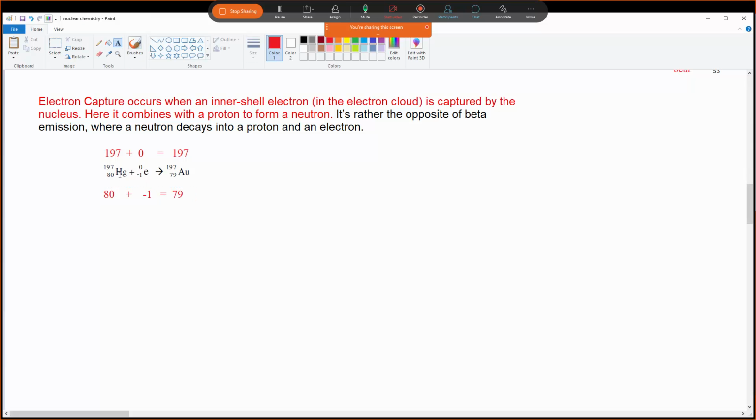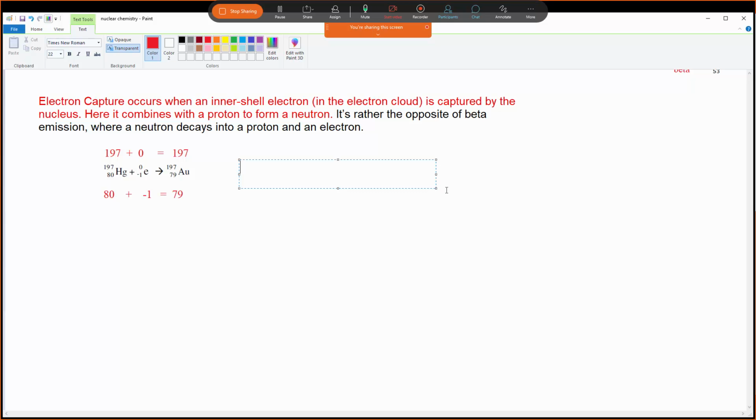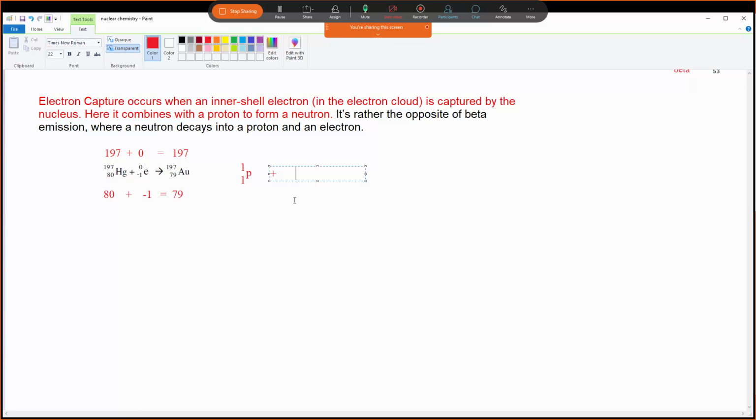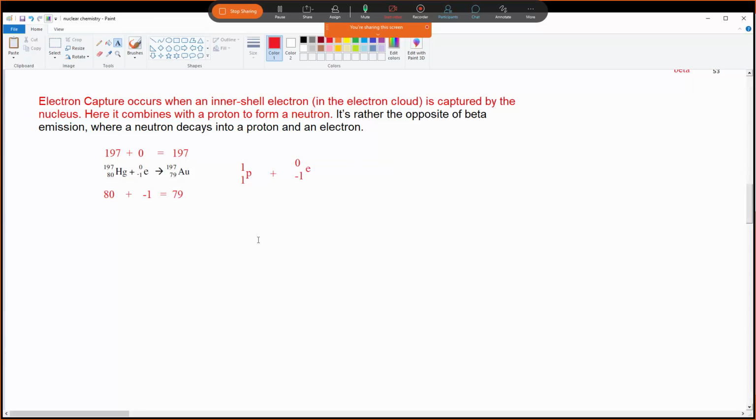And essentially what's happening here is, as the electron gets absorbed by the nucleus, that negatively charged electron is going to be attracted to and fused with a positively charged proton, right? So what you're essentially getting is the 1,1 proton combining with the 0,-1 electron.